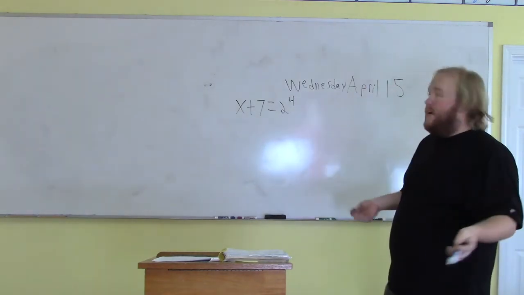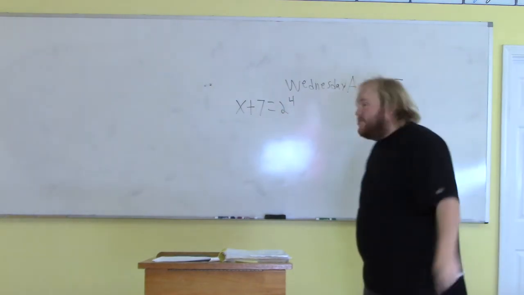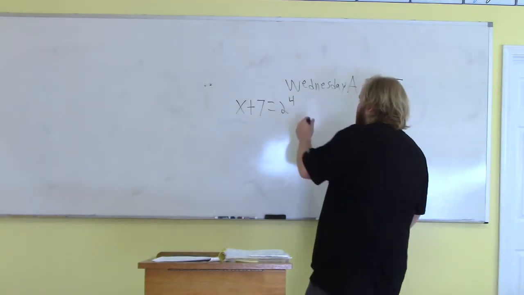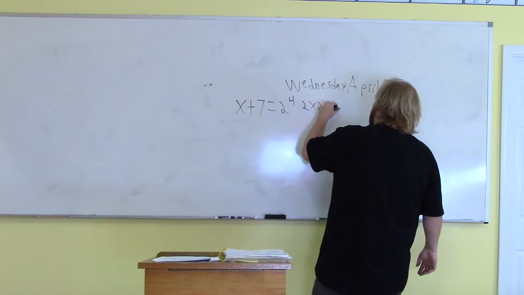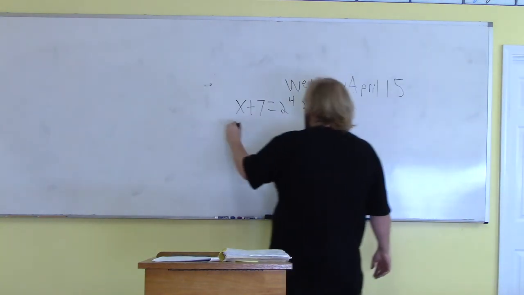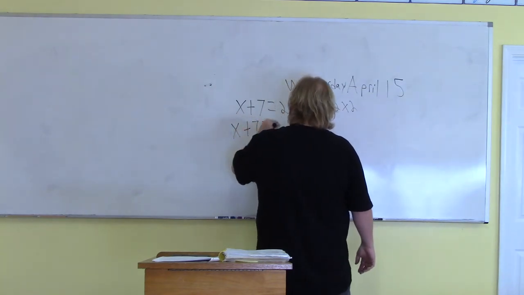Remember, order of operations, parentheses, exponents, multiplication, division, addition, subtraction. So let's use it. Do we have no parentheses? No, but we have exponents. 2 to the 4th is the same thing as 2 times 2 times 2 times 2, which is 2, 4, 8, 16. So x plus 7 equals 16.